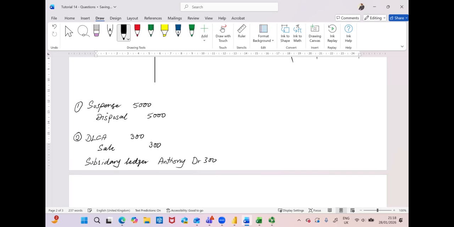So this is the note. Remember that subsidiary ledgers are not part of the double entry. They are just the breakdown of the debtor ledger control account and creditor ledger control account.